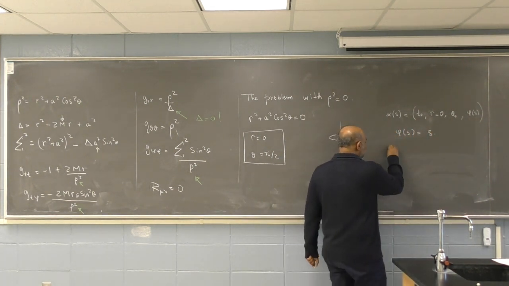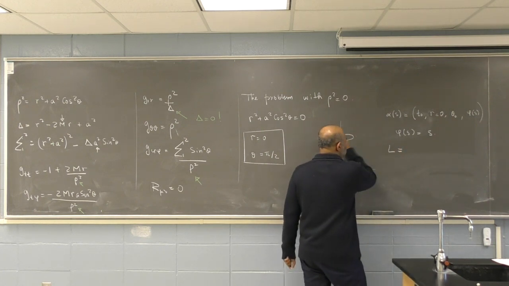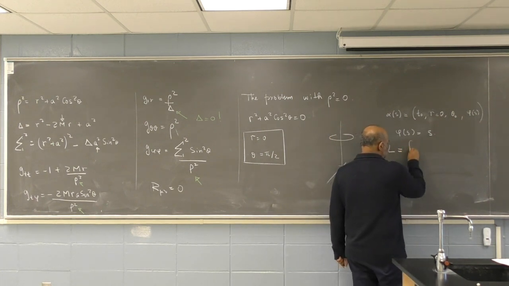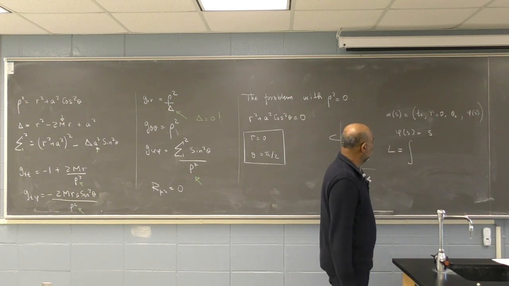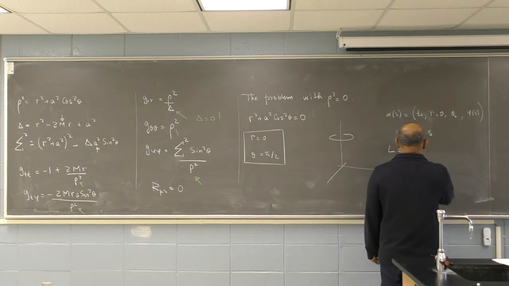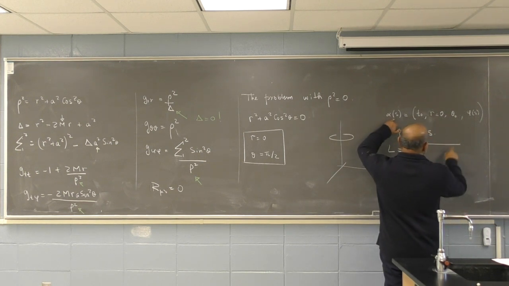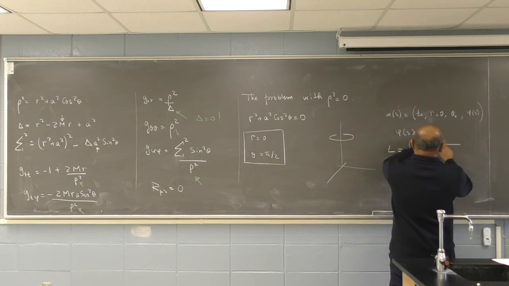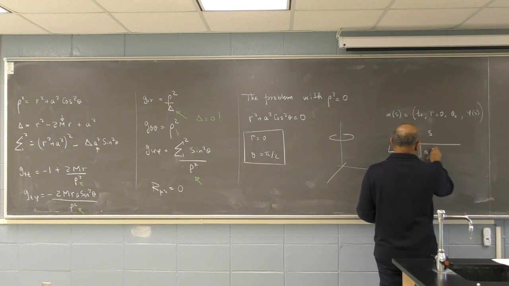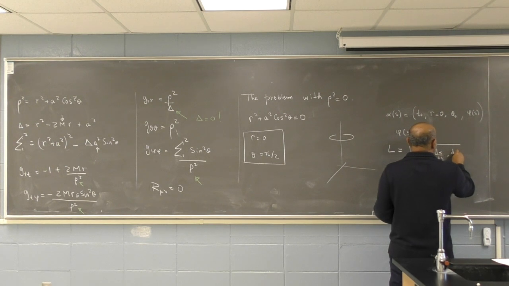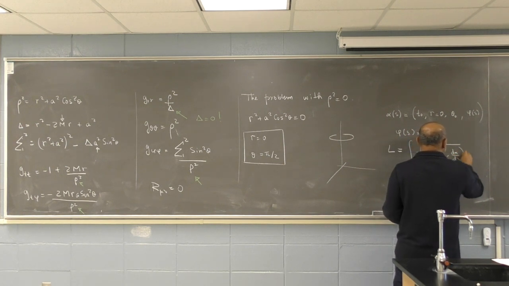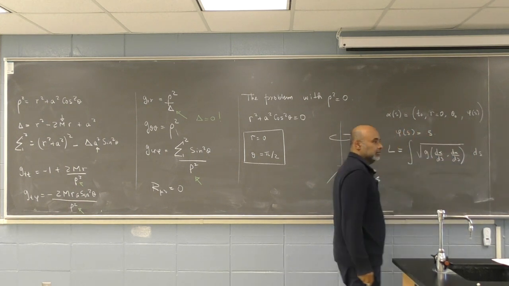So then the length of this curve is nothing more than the length of the velocity d alpha ds times this function.